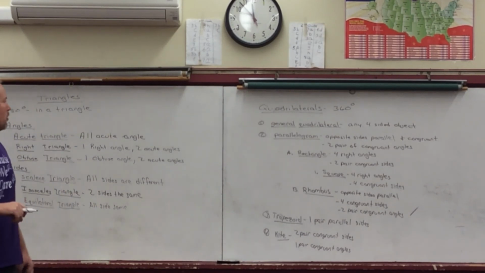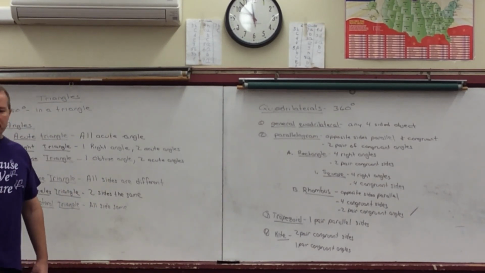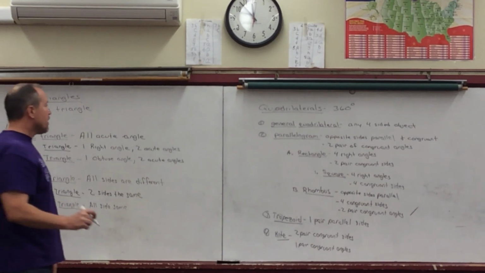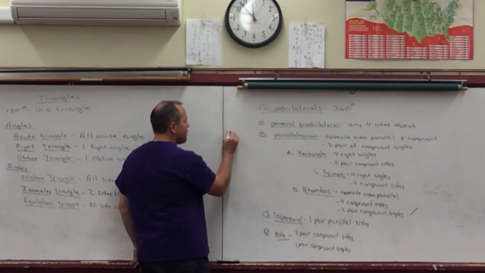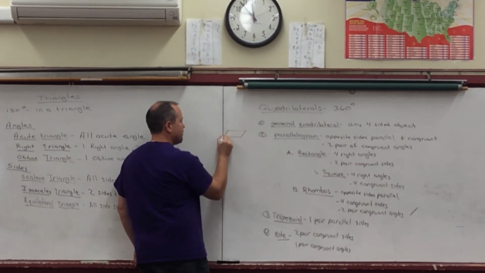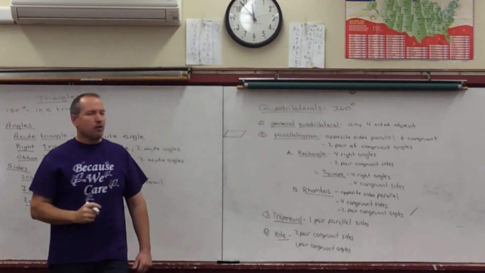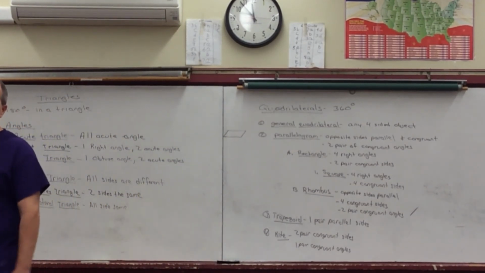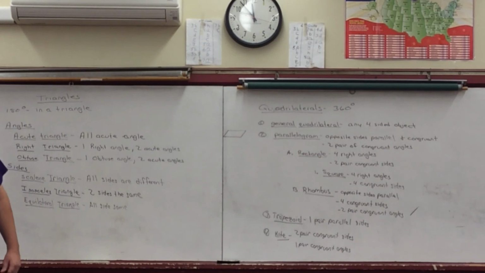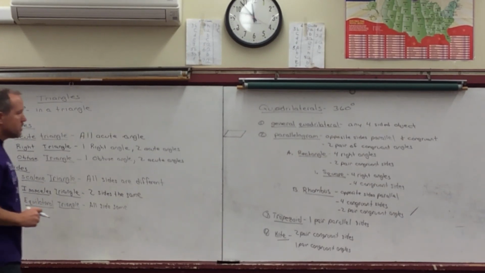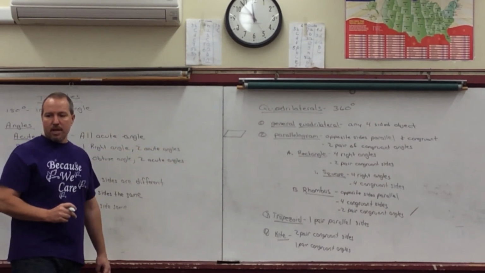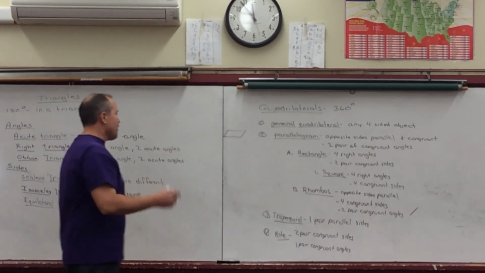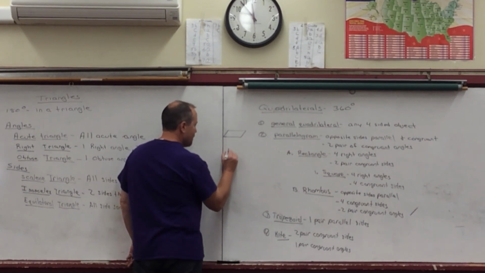Now, we have certain symbols that go along with the different names. A parallelogram, you're going to write it out here beside it. Typically when you see this symbol, that is a symbol for a parallelogram. You can just draw it and then label it at the bottom. Okay, a rectangle. We all know what a rectangle looks like, hopefully.